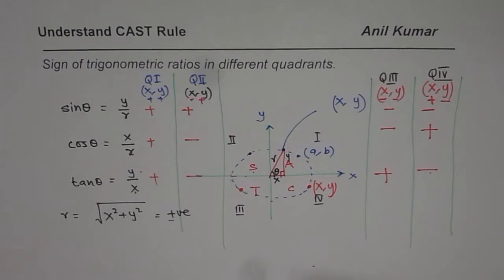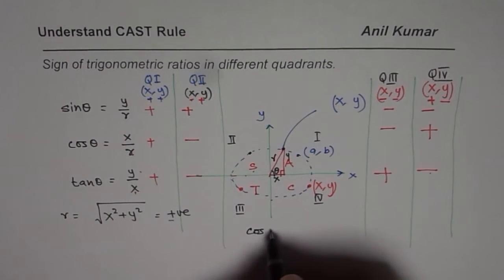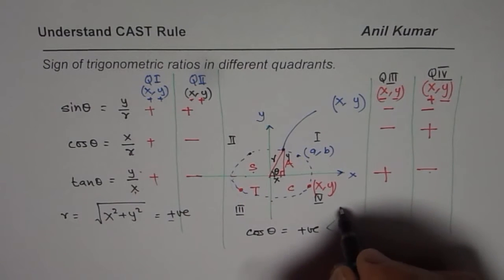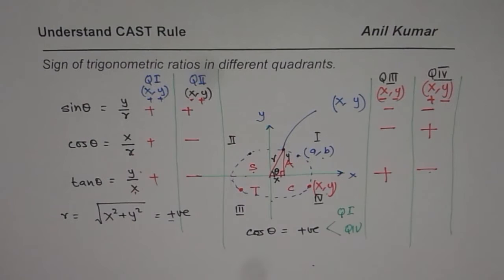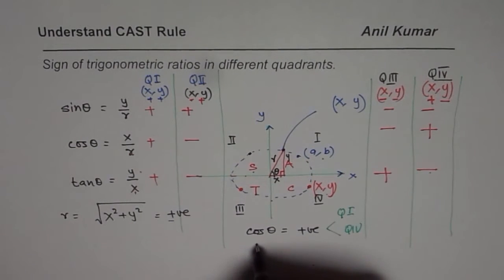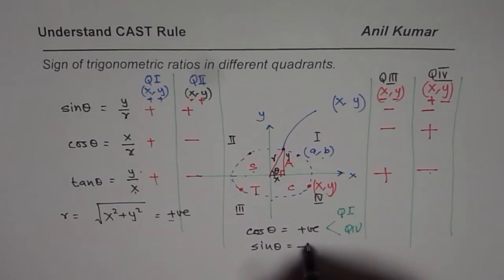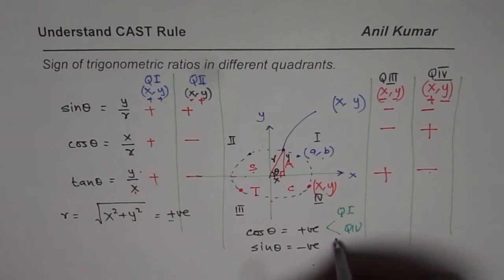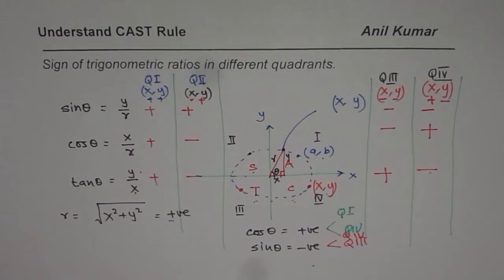In general, if I say that cos theta is positive, what do I mean? I mean that theta could be in quadrant 1 or 4. If I say that sine theta is negative, then we are in quadrant 3 or 4.